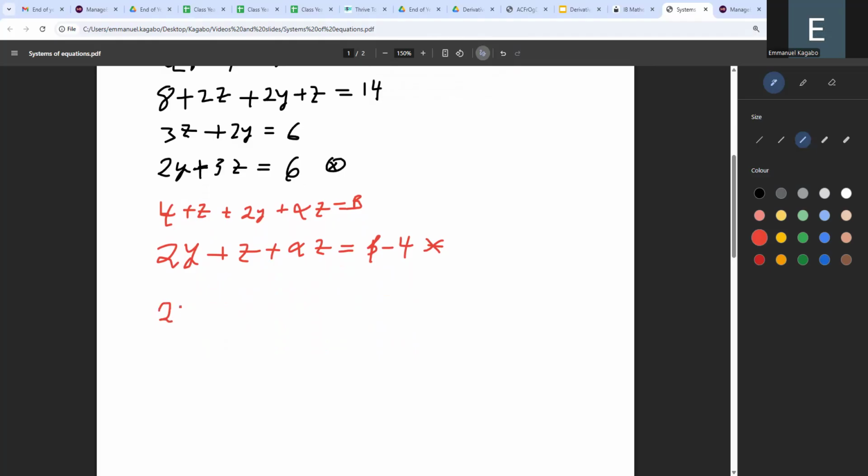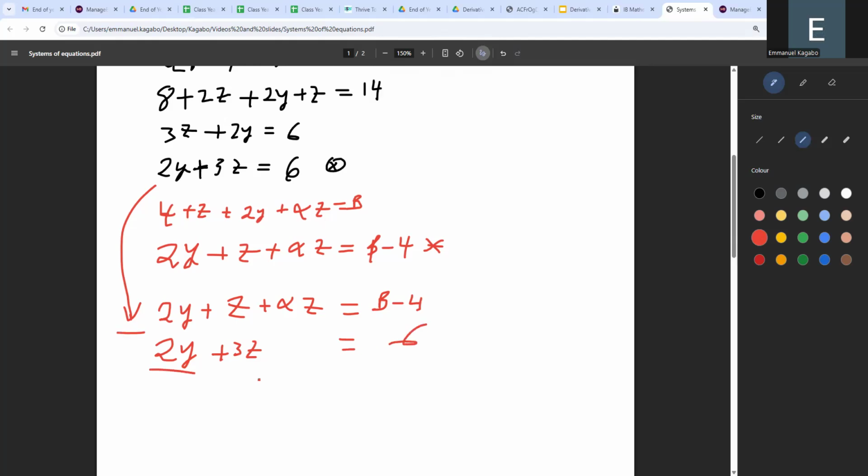So it's 2y. This time around, I can do elimination, guys, okay? Plus alpha z here equals beta minus 4. Then what about here? 2y. For you to see what I'm doing here, 2y plus 3z equals 6, right?